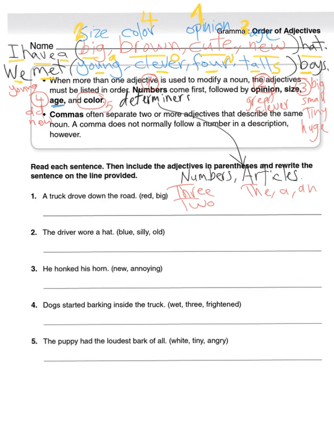Let me now order them. Let's change the color and use the green. Now, what to be used at the beginning? We said we will use the number. So we'll use 4 at the beginning. Then we'll use our opinion. Our opinion was that they are clever. Then we'll use the size, and here we have tall for size, so this will be number 3.